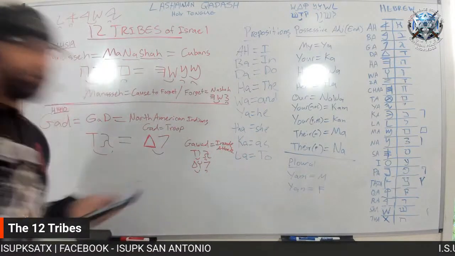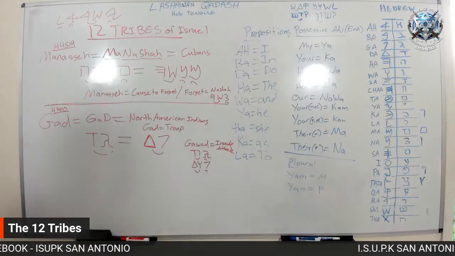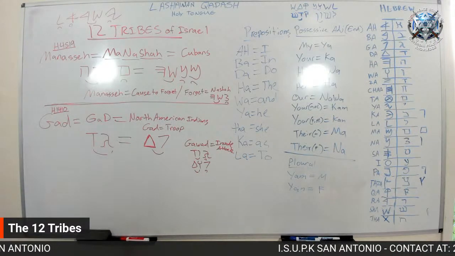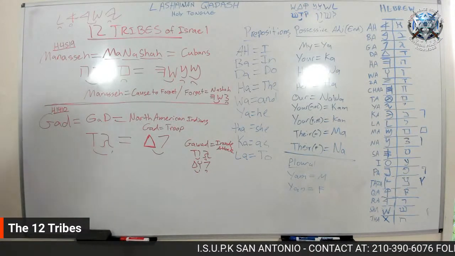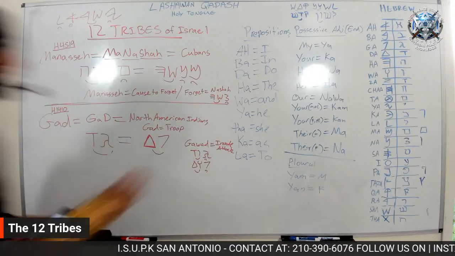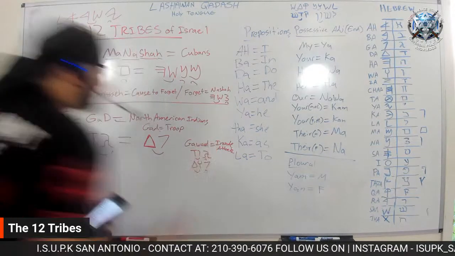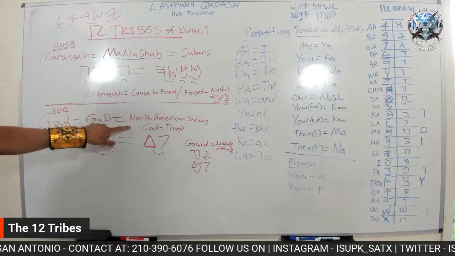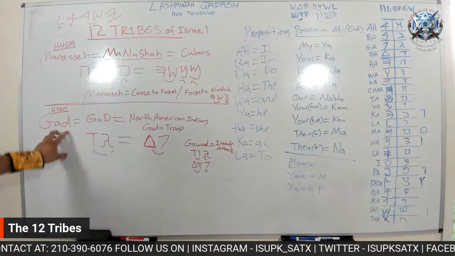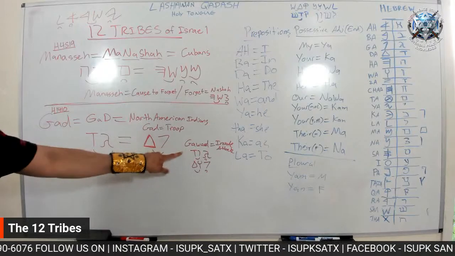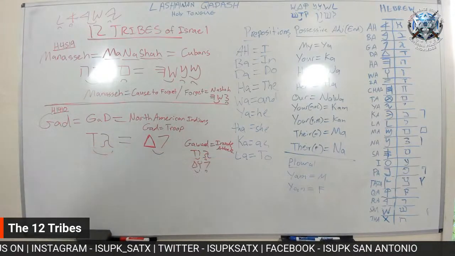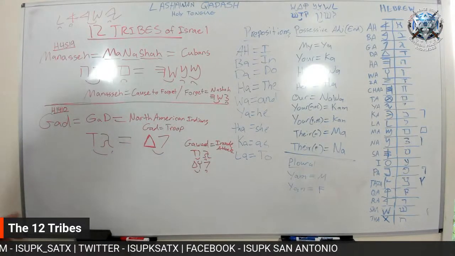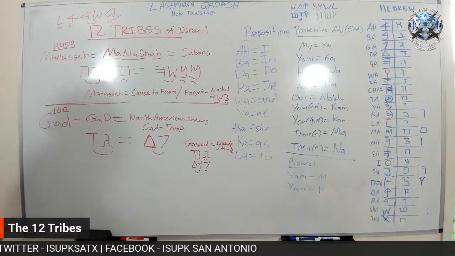Ironic that the Gadites were the ones that were invaded, but they were definitely known for attacking settlements all throughout North America when people were starting to move in that they didn't like. Specifically, the word Gad means troop, and its root word comes from gawad, which means to attack, and that's what a troop does: they defend, they invade, they go on the offensive, they go on the defensive.